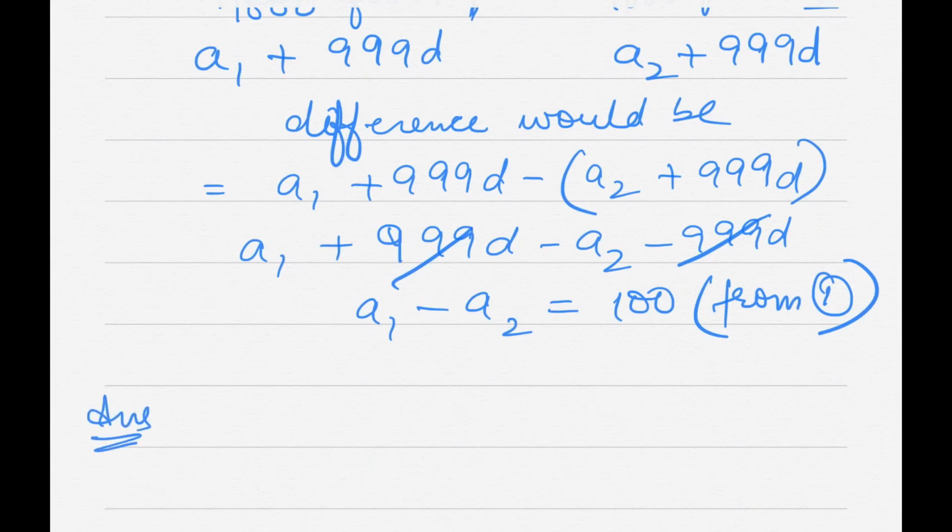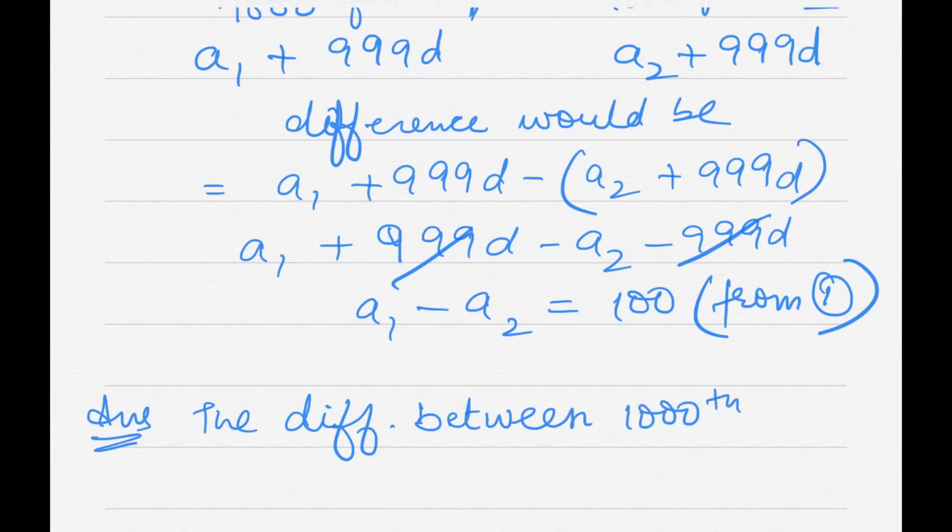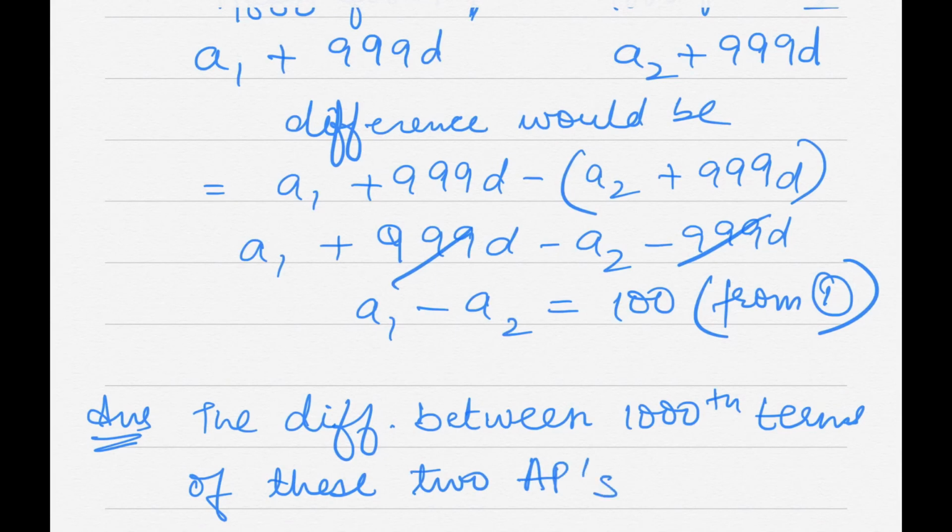So I can write down this as my answer, that the difference between thousandth terms of these two APs will be 100, right?